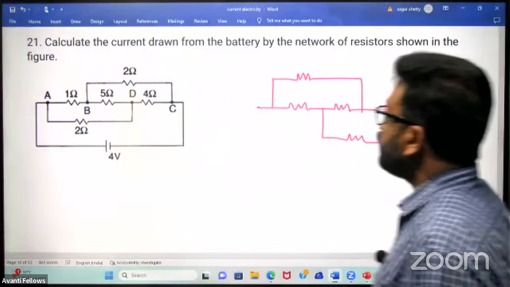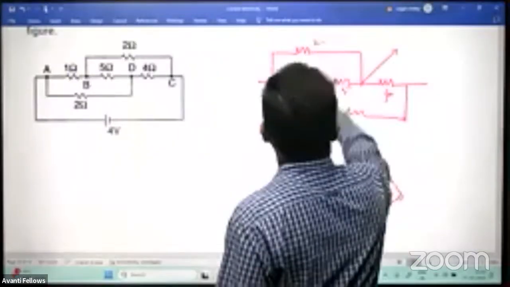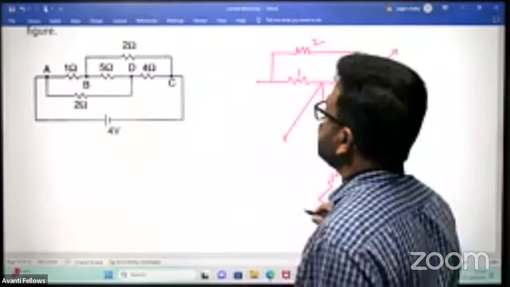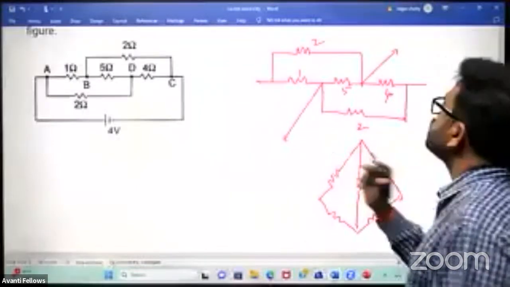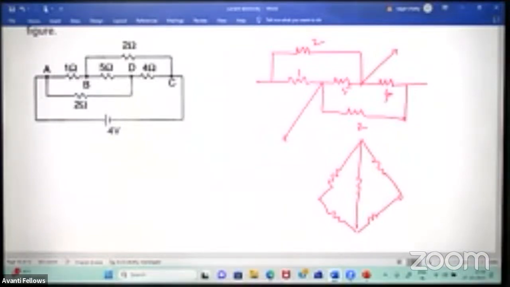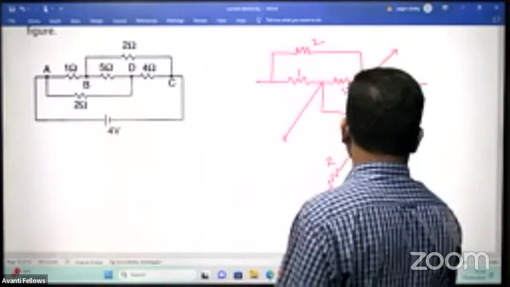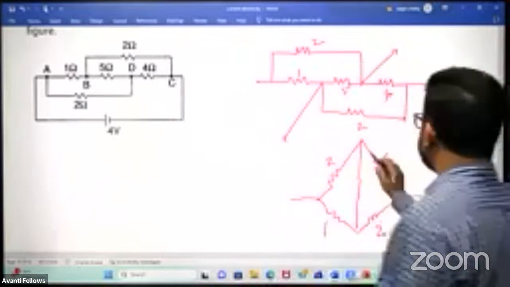So we stretch this to this end and this to this end, so that it will be in this shape. 1 ohm, 2 ohm, so this is 2 and 4. This is 1 and 2. This is an equivalent diagram.